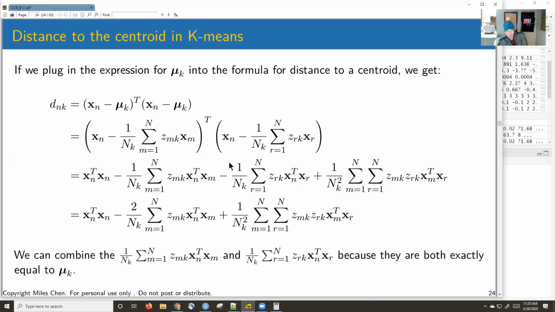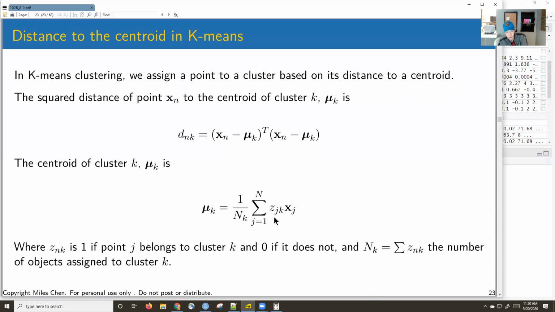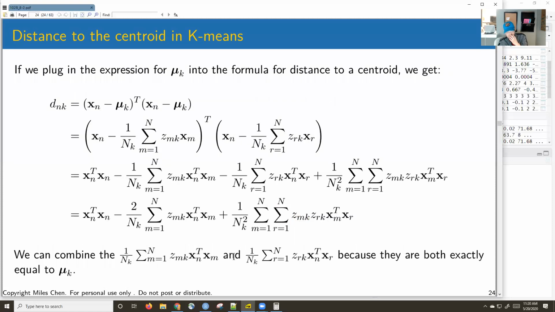All right, and then this should be mu sub k times xn. If we recognize this part times xm is equal to mu sub k, right? If we go back, I've got 1 over n sum of 1 through n of the z's times x's. That is equal to mu sub k.